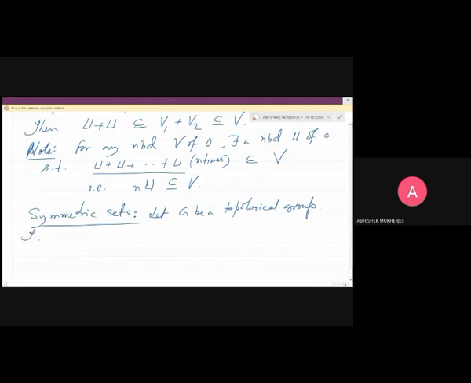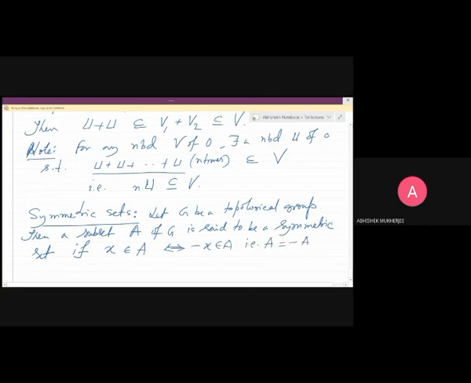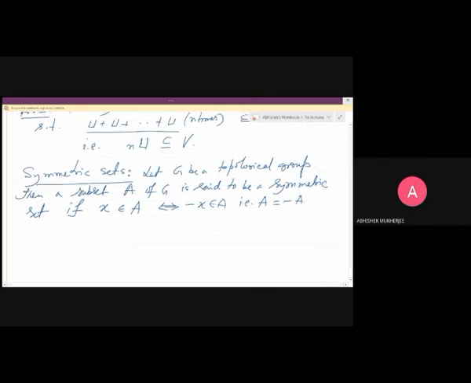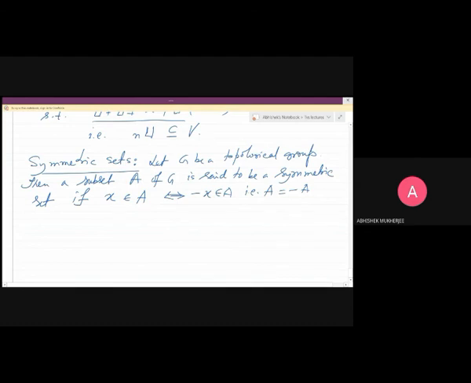Then a subset A of G is said to be a symmetric set if x belongs to A if and only if minus x belongs to A. That is, A is equal to minus A.